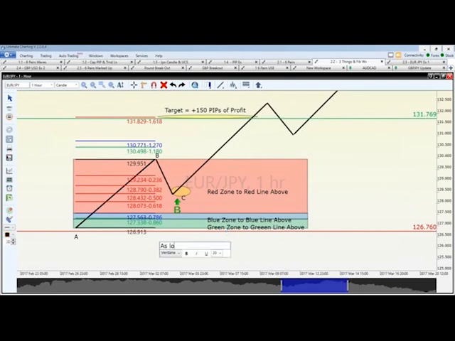As long as the market does not take out the A, the market has no choice but to go your way, okay?